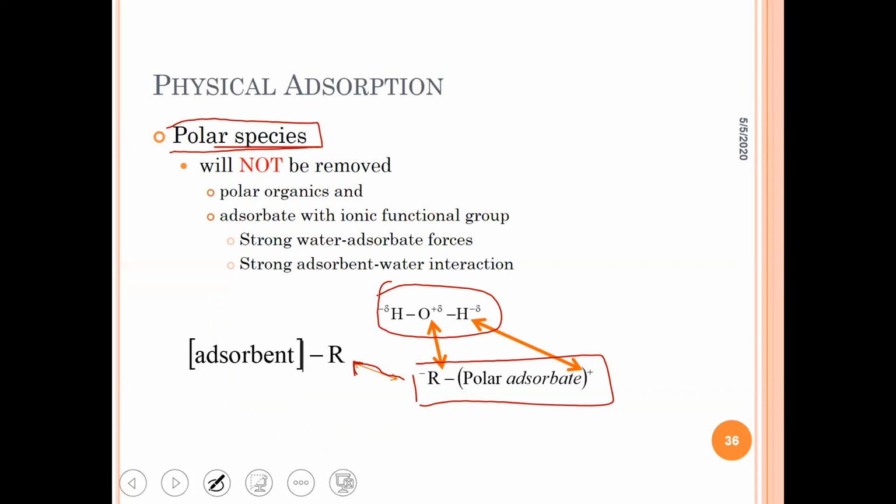So because of this, it will be soluble, and then there will be no adsorption. So because of strong water-adsorbate interaction, this kind of polar molecule will not adsorb on a neutral adsorbent.